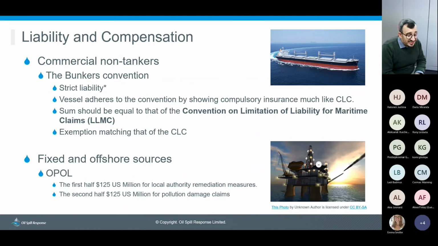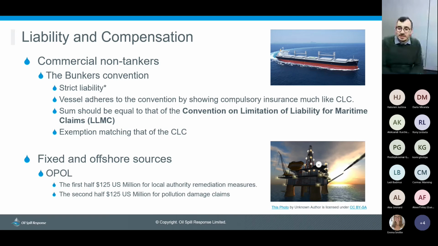For offshore operators, there's not a huge amount. Something called OPOL exists. OPOL is a voluntary agreement under which participating companies accept strict liability, with some exceptions. Up to a maximum of 250 million US dollars are available per incident, comprising 125 million to cover claims for pollution damage and 125 million for cleanup or remedial measures.